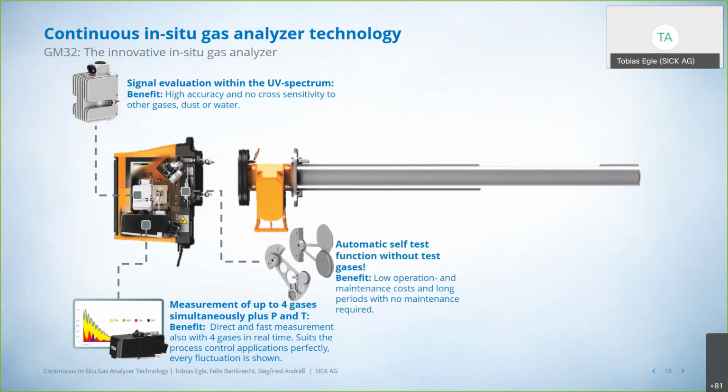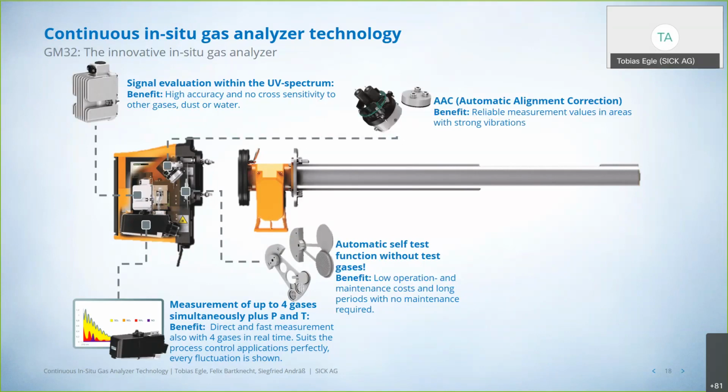And with our automatic alignment function, typically if you have vibrations in the stack, the reflected light may get lost on in-situ analyzers. So with all our experience, about 40 years, we integrated an automatic alignment function. The reflected light will hit this part, which you see up there, and a motor behind this mirror will continuously align the reflected light to give you a stable measurement.